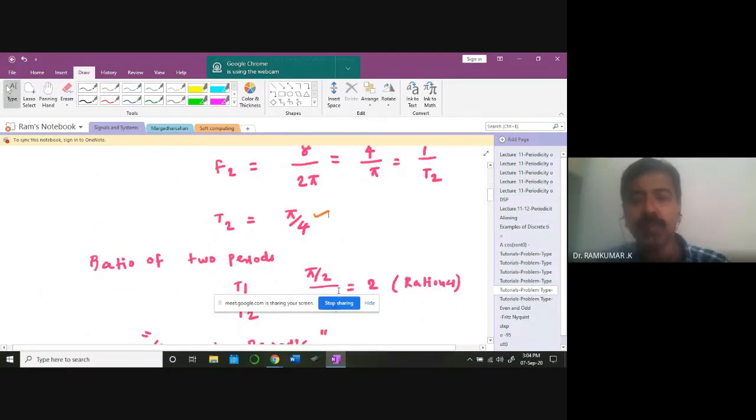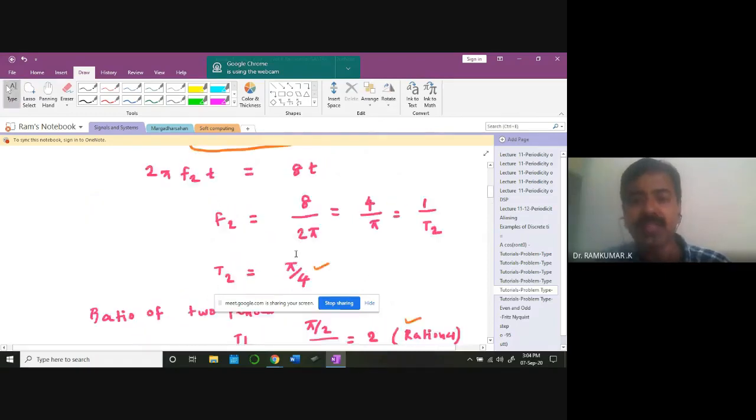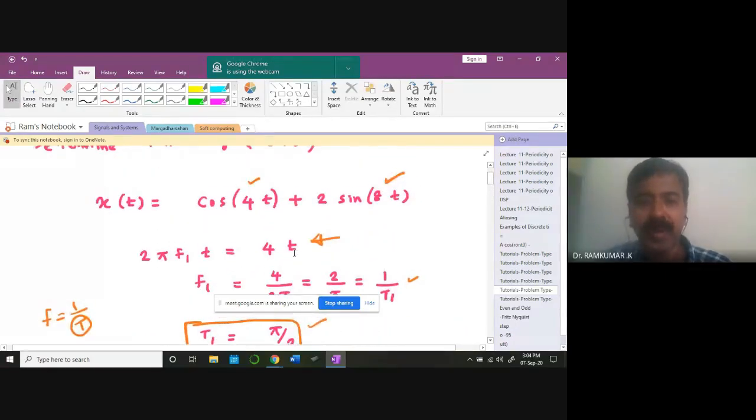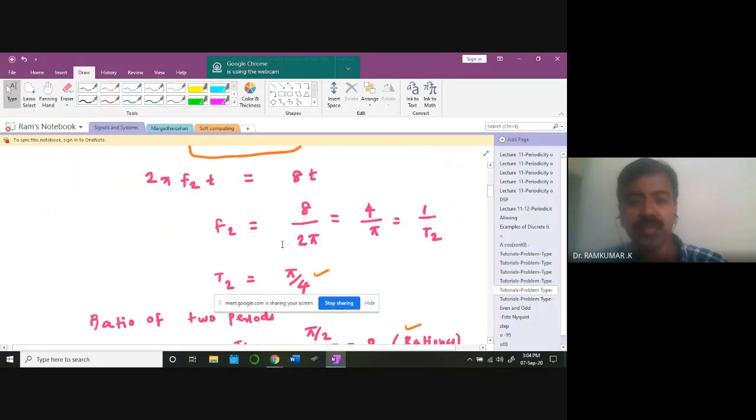Then, if the ratio of the two periods is a rational number, the complete signal as a whole, these two combined signals cos 4t plus sin 8t, can be periodic. That's a powerful idea. So look at this case. I got two waveforms like this.